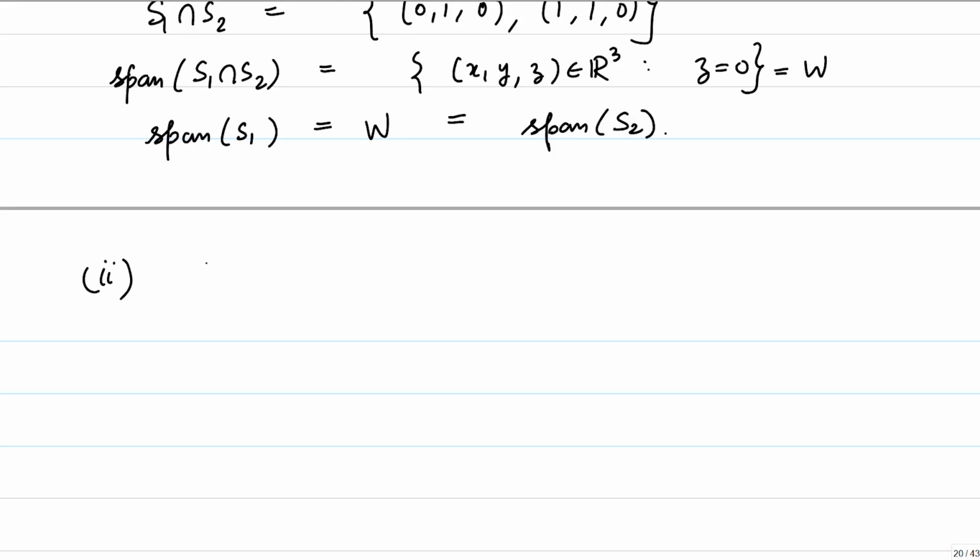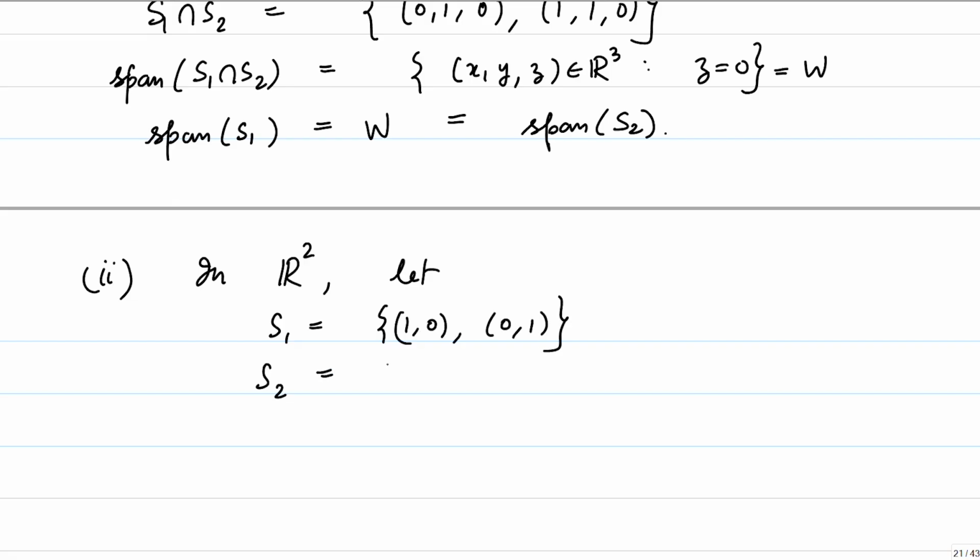Let's look at R2. Let S1 be the vectors E1, E2, which is (1, 0), (0, 1). And S2 be the set (1, 1), (1, -1).